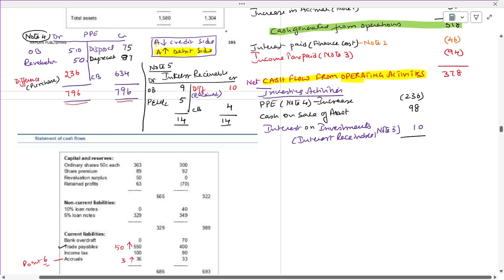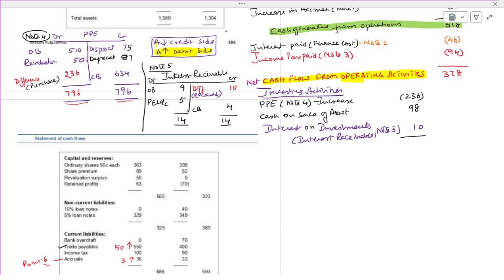Okay. 2, 3, 9, 10. Not 5. Minus 6, 5, 9, 12. 250, no? Check. Minus 236 plus 98 plus 10.